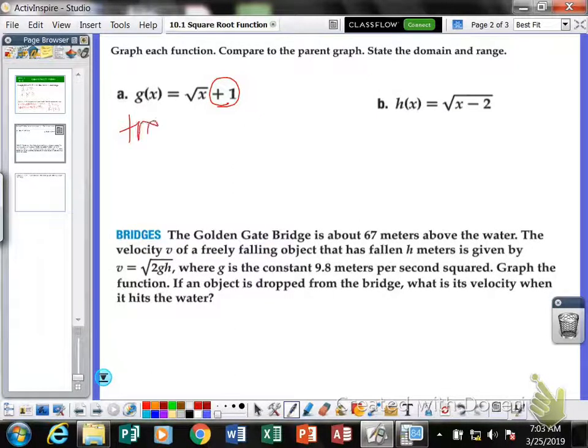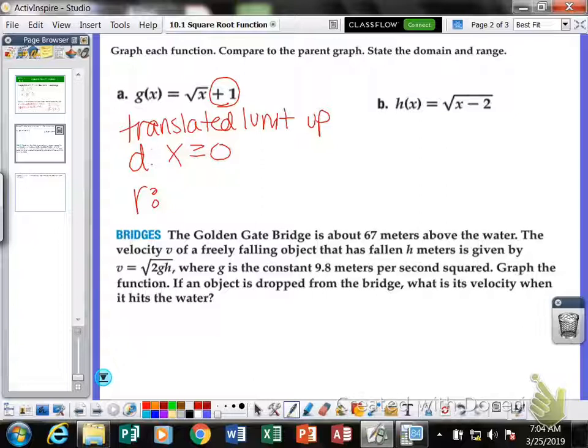So this translated 1 unit up. Our domain, I can still have numbers in there as long as they're greater than or equal to 0. So x is greater than or equal to 0. But our range, notice that because it bumped up 1, our y is greater than or equal to 1.